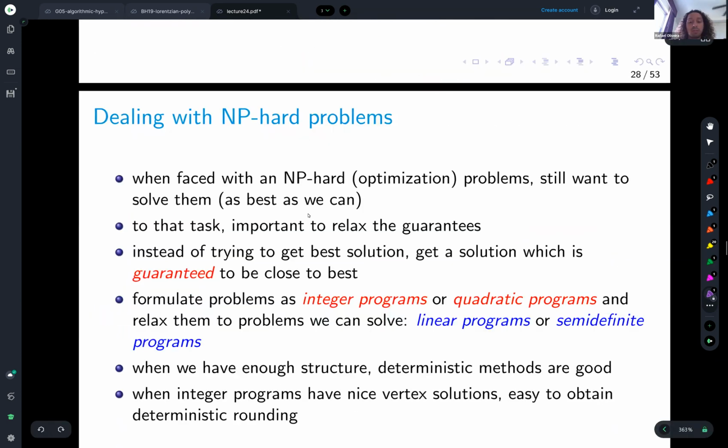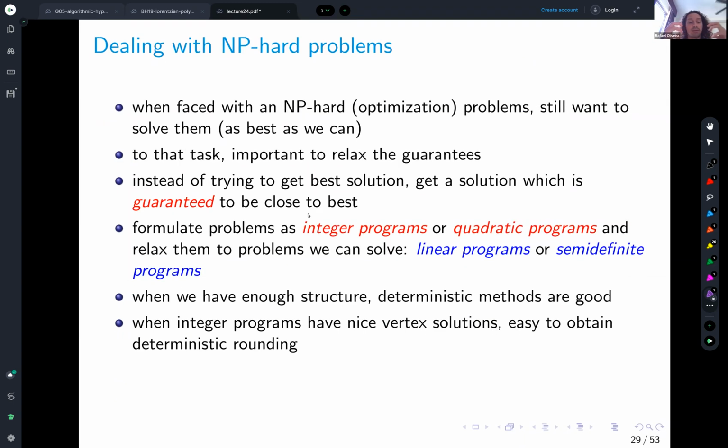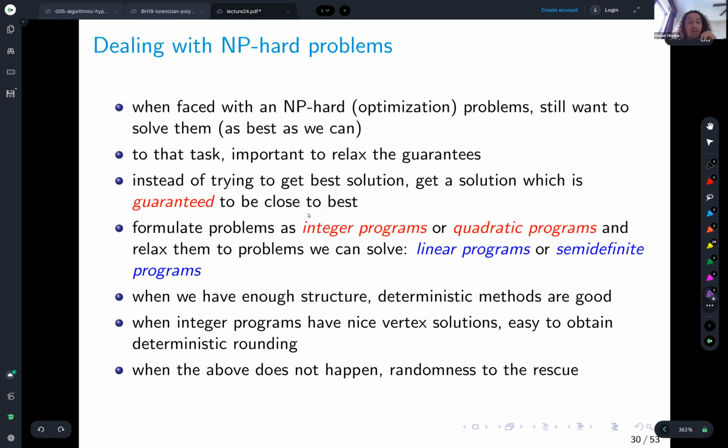This is when the integer programs have nice vertex solutions. And that's what we saw in exercise 1 of homework 4, I think, right? That deterministic methods are good. But if the integer programs do not have nice vertex solutions, or we don't know how to prove them, then we use randomness to the rescue, right? The solution of the linear program will guide us to use randomness based on the solution to the linear program.